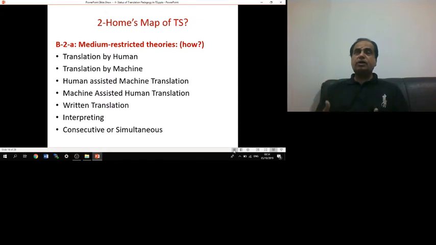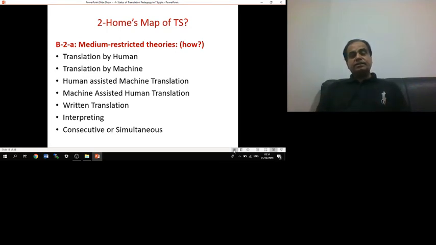Nowadays we also have human assisted machine translation. It was a machine translation basically, but then it was corrected or updated by a human, or machine assisted human translation, where the human got the assistance of a machine and then completed the translation.